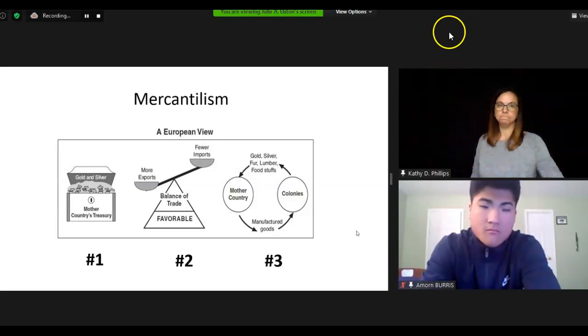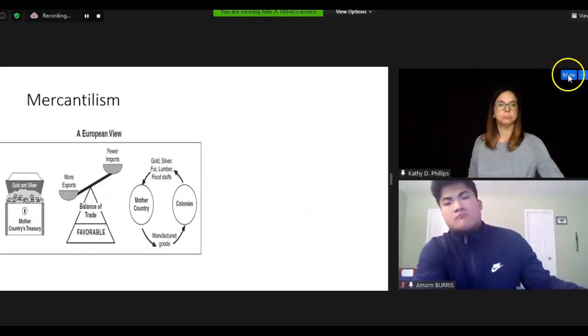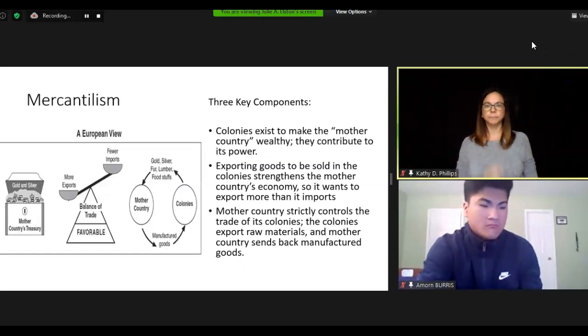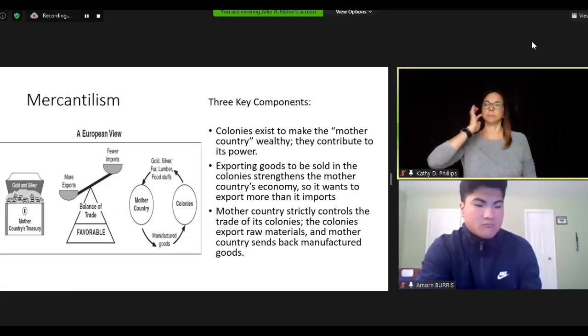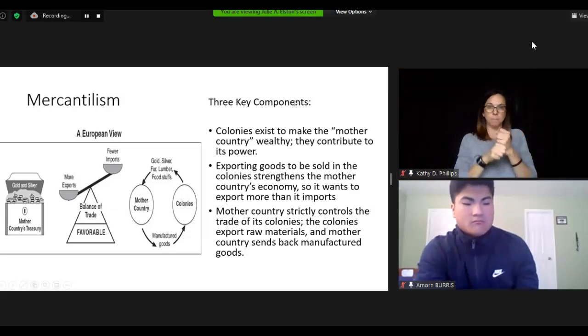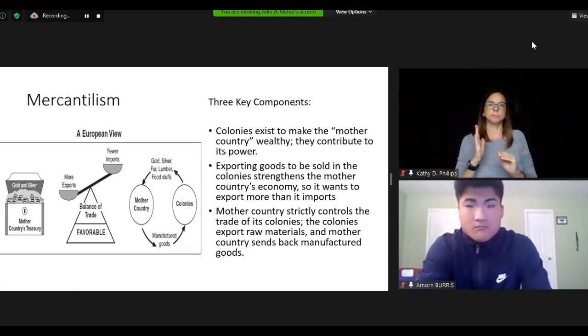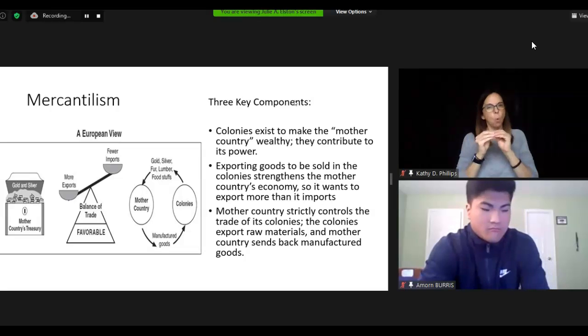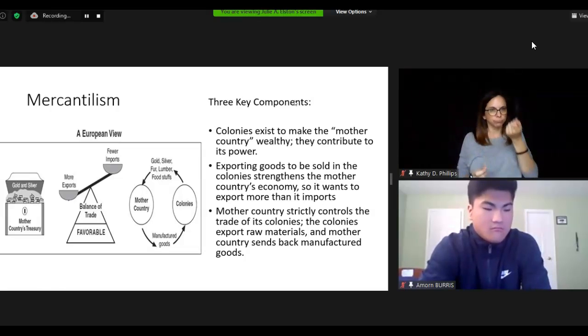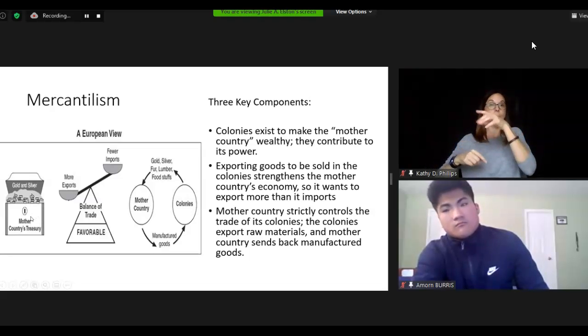Okay, good. Any questions on those images? So 3 key components, just to make sure we've got it. This is all in your notes in the Canvas module. But just to make sure that we understand, right? The first one is to make the mother country wealthy, right?